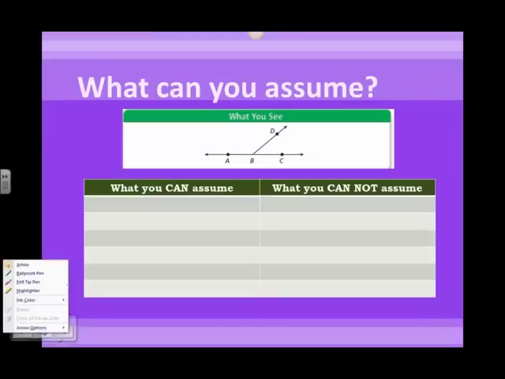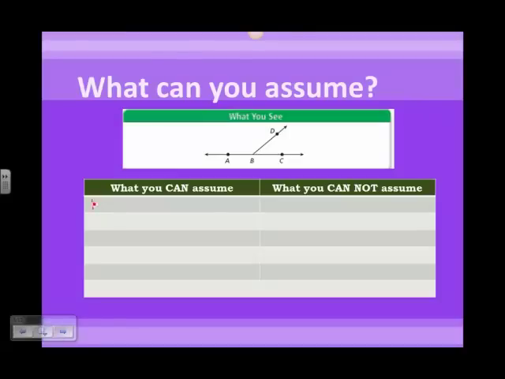That's one thing that it is safe to assume, that points A, B, and C are collinear. I'm looking at other things here. It's also safe to assume that points A, B, C, and D are coplanar.